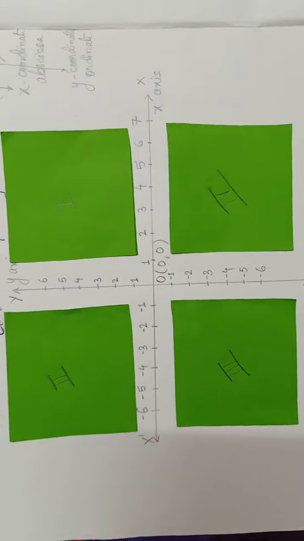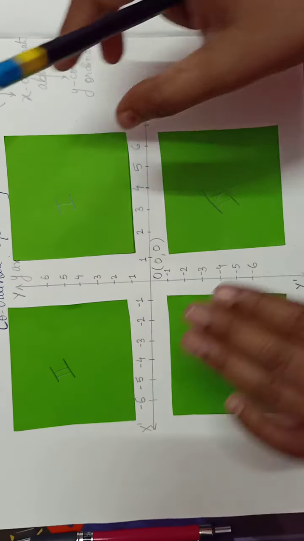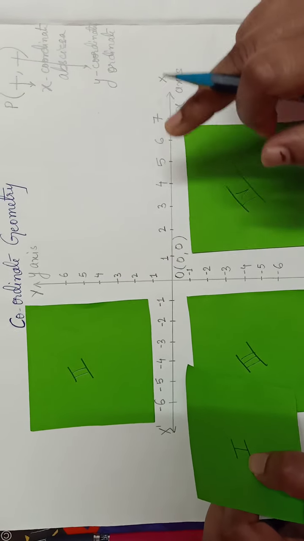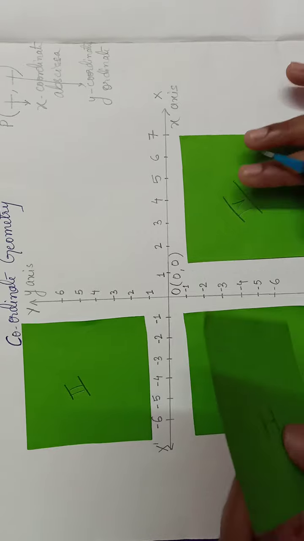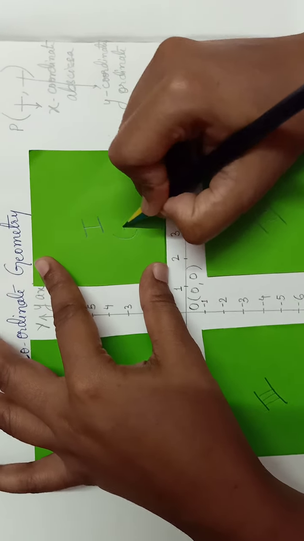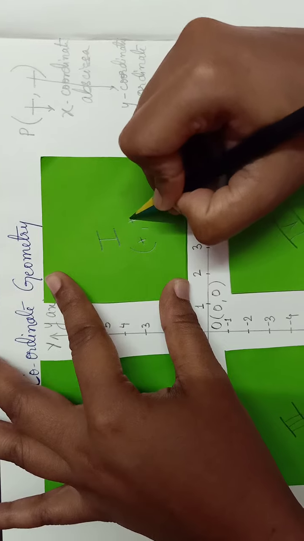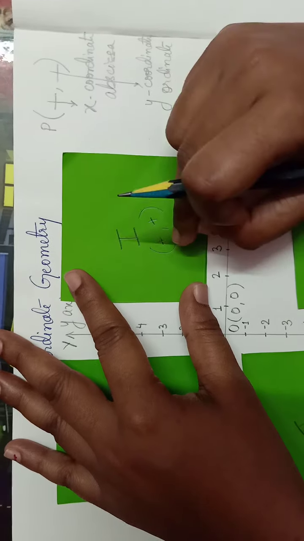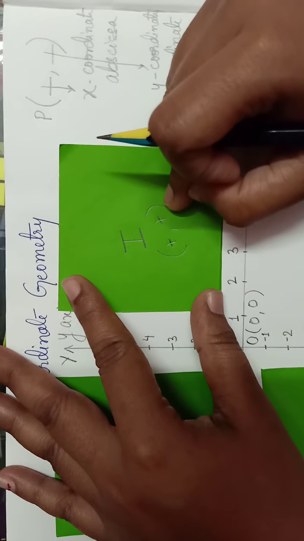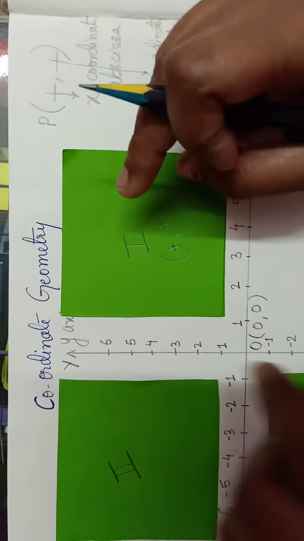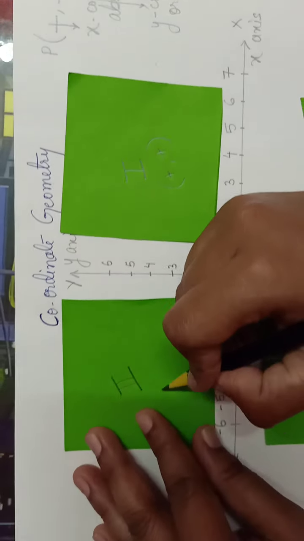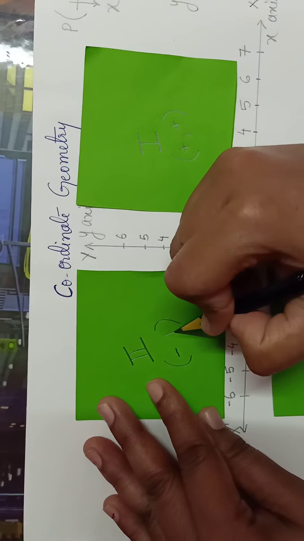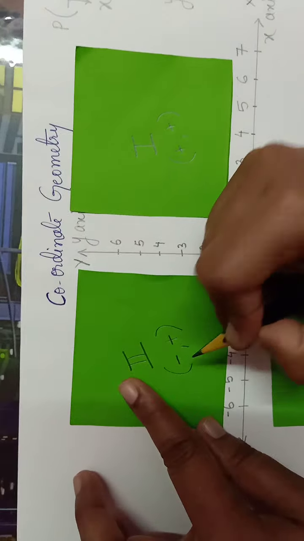Now we will mark their specialities. First, for the first quadrant, the x-axis is positive and the y-axis is positive. So whenever both x and y coordinates are positive, the point will lie in the first quadrant. The point whose x is negative but y is positive comes to the second quadrant.